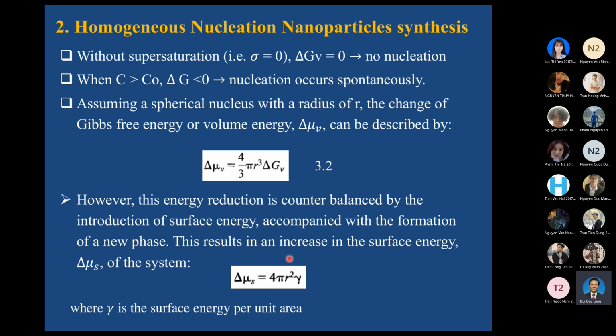This results in an increase of the surface energy, which we can formulate as delta mu S equal to 4 pi r squared gamma. This is the increase of surface energy of the system, where gamma is the surface energy per unit area.